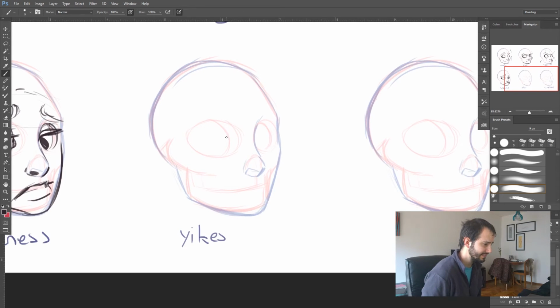This is the yikes face. Okay, so yikes is going to be like yikes. I don't know what that face is called, so I just called it yikes. I'm going to go super up with this, like all the energy is like this, and then all the other energy is like this, more like pulling to the sides.